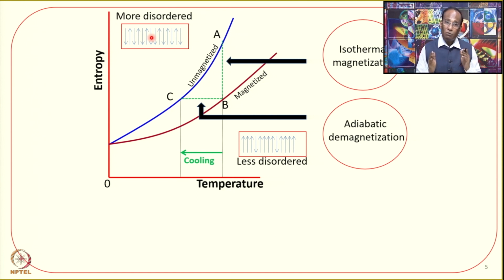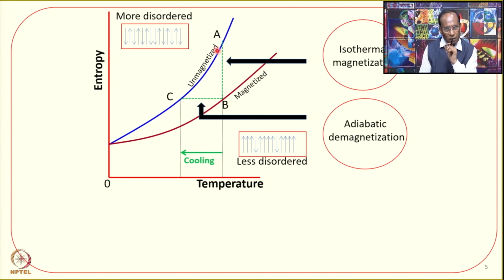When you subject this substance to magnetization, that is, you switch the magnetic field on, there will be more orientation of electrons in the direction of the applied field. So there will be more order and less disorder, therefore entropy will be less. For the magnetized sample, the entropy-temperature curve will be lower than that for the unmagnetized sample.